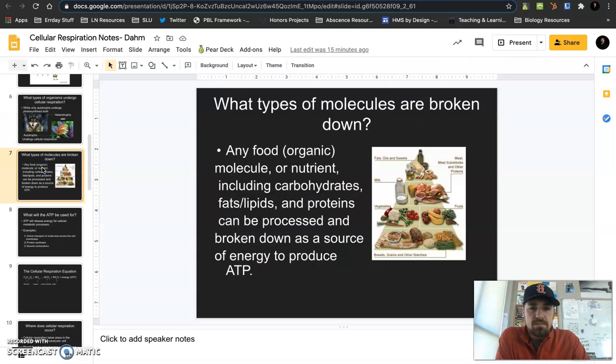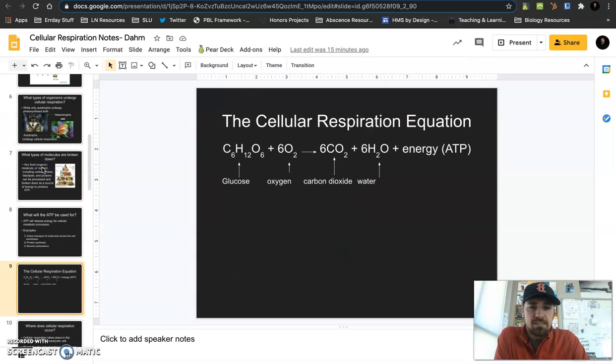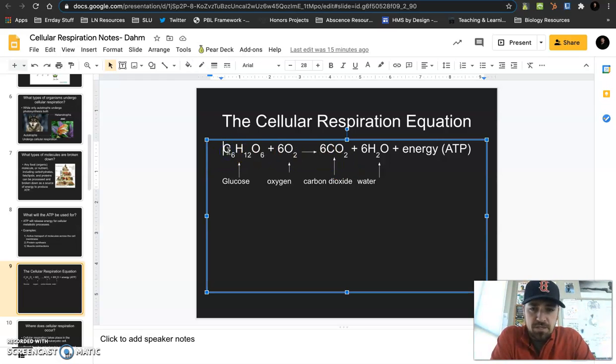So let's jump down. I'm going to skip some of this. So I just want us to look at this equation. So with cellular respiration, you have this big long equation with a bunch of letters, bunch of numbers. Okay. Firstly, you have C6H12O6. That's glucose. That's sugar. Okay. So in cellular respiration, we eat the sugar, and then we breathe in 6O2.